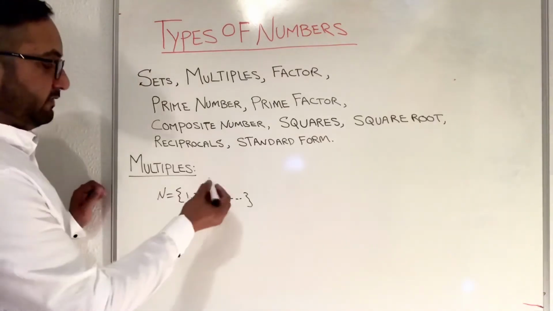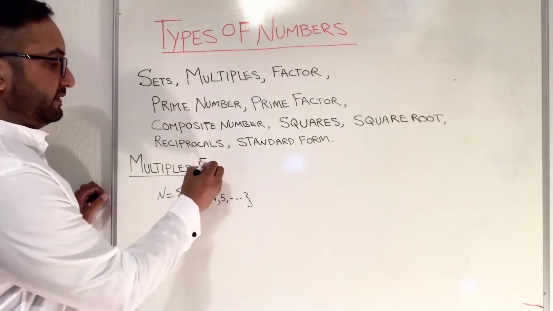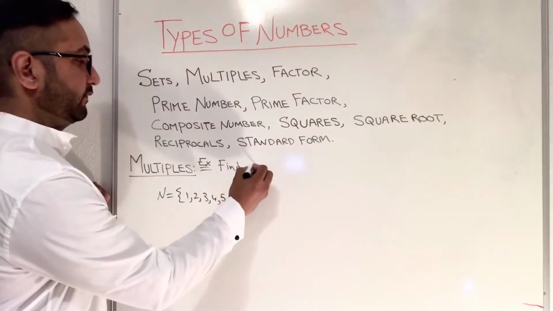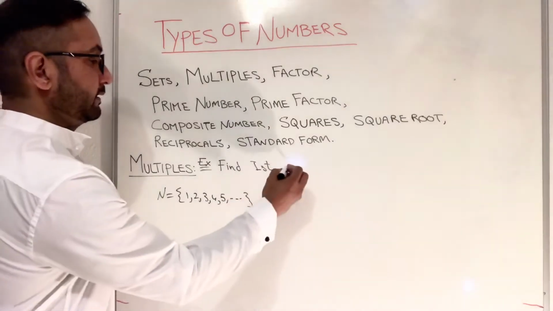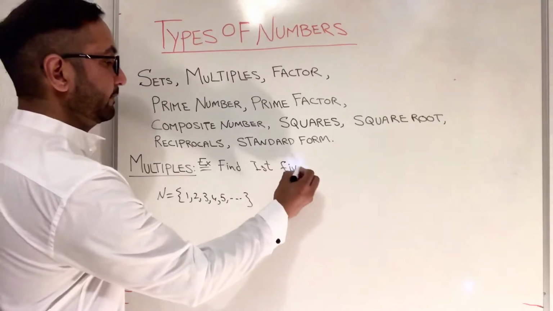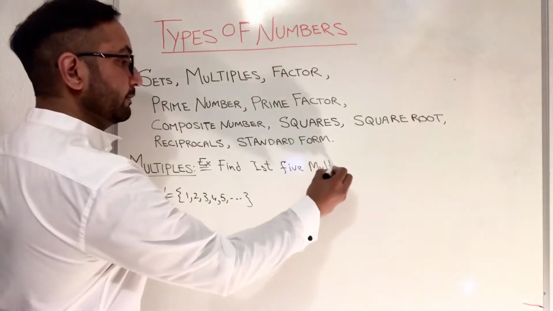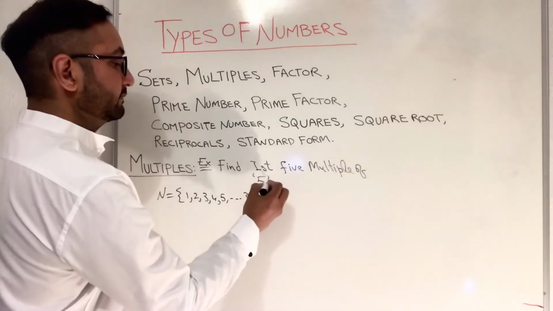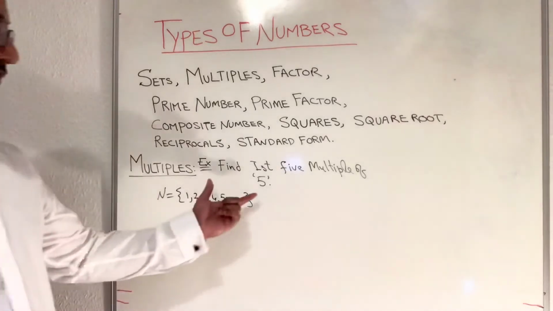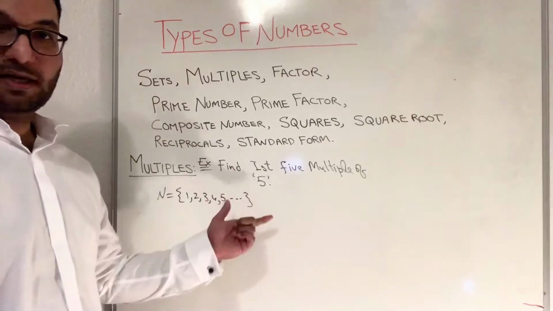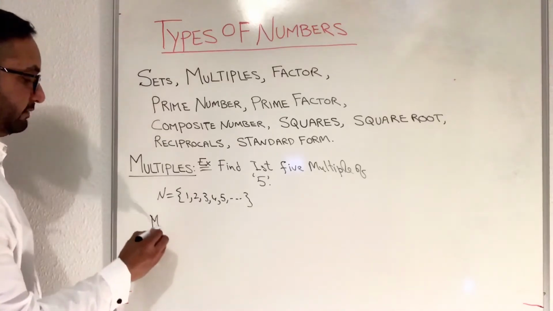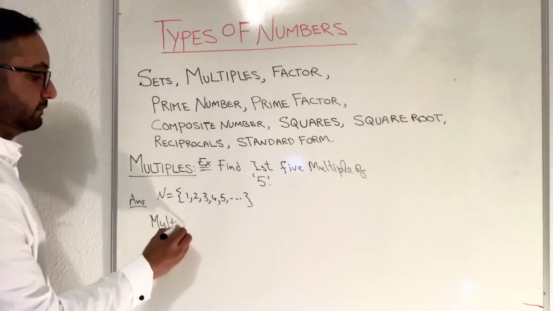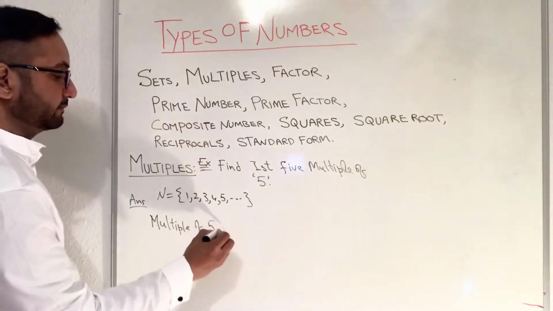If a question comes up, they will say find the first 5 multiples of 5. So you have to find the first 5 multiples of 5.